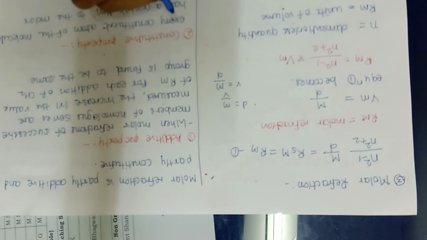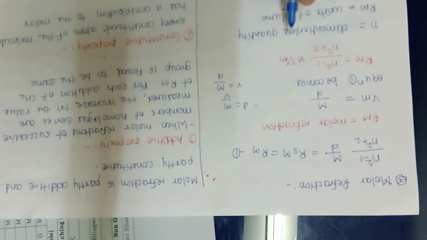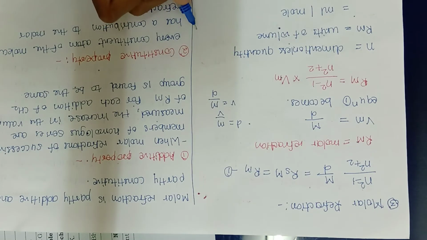Rm, molar refraction, has the unit of volume, so Rm is directly proportional to Vm. So the unit of Rm will be ml per mole.